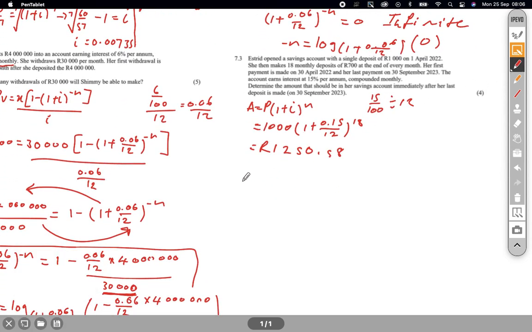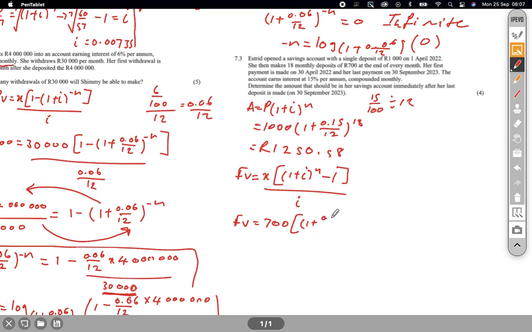Okay, now let's account for the monthly money that she has been putting into this fund. So remember, this is an investment, so we go to the future value formula. Sorry, I'm thinking about the present value. Okay, so now we're going to have 700 for the monthly deposits.